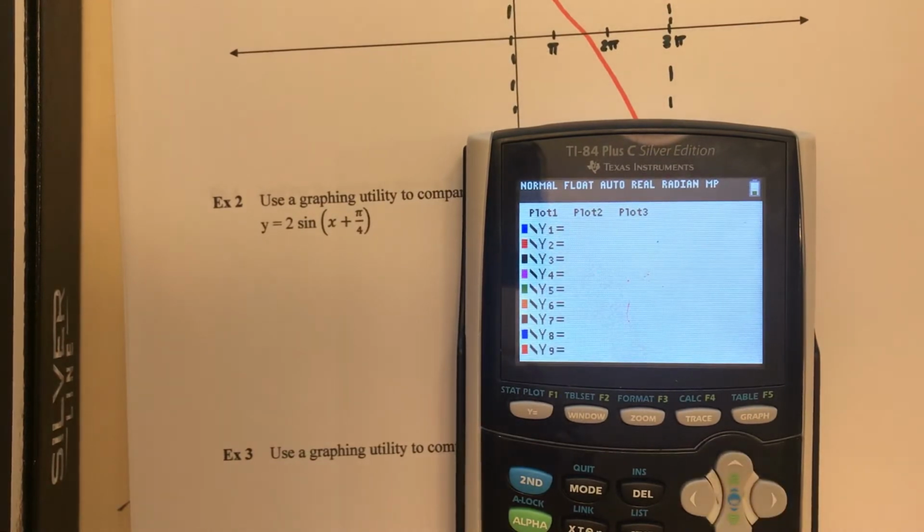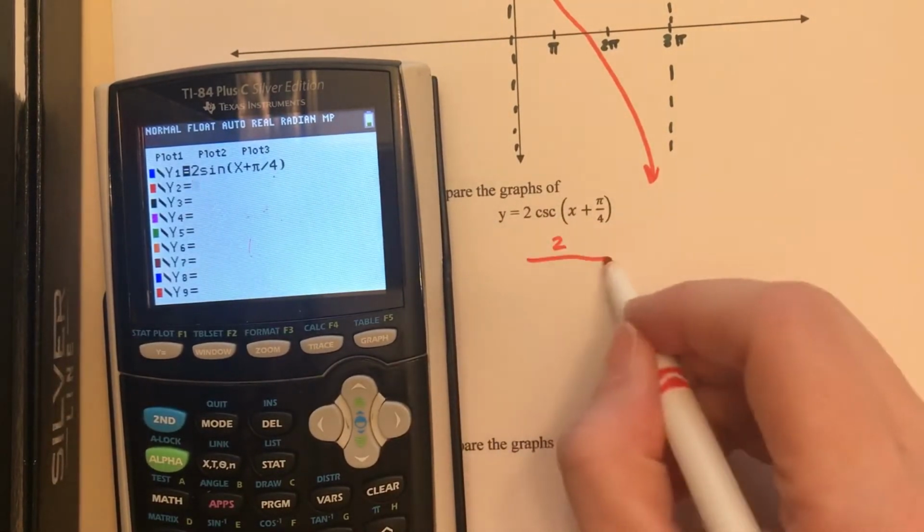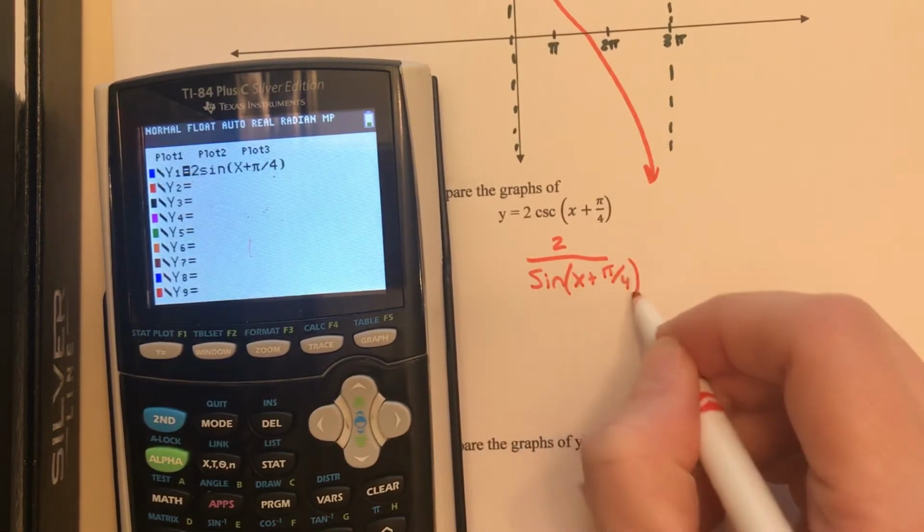I'm going to type in 2 sine of x plus pi over 4. And I'm going to write down how we're going to type in the next one. The next one would be 2 over sine of x plus pi over 4.